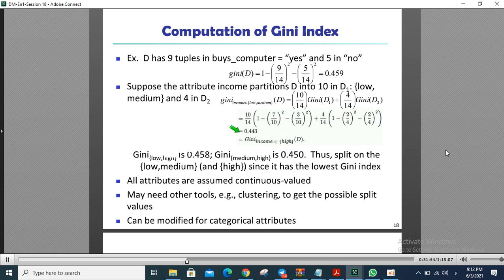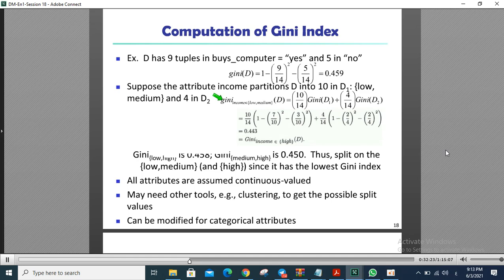Hannah asked me why income of low and medium is better. Look at this. The Gini value for income of low and medium is 0.443. It's the lowest value among these three different Gini values. Okay?